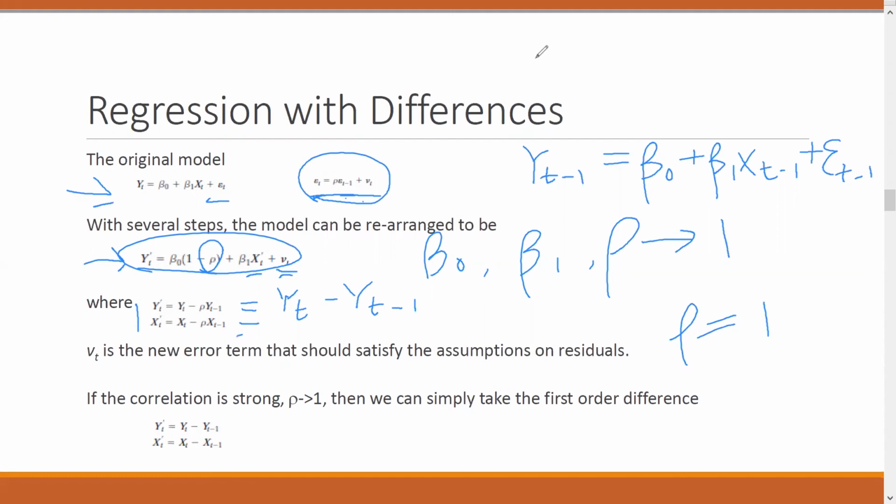Similarly, for x prime t, it is equal to xt minus xt minus 1. So current period x minus previous period x for each pair. Then we return back to the original simple linear regression model. We have x variable, we have y variable, we estimate beta 0 and beta 1, and that's all we need to do.